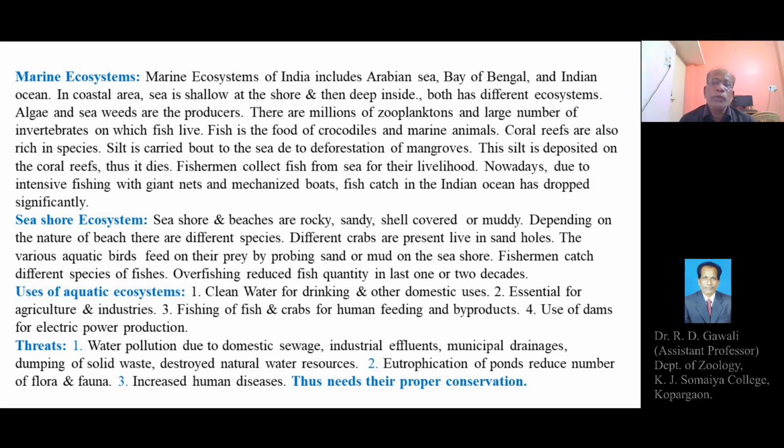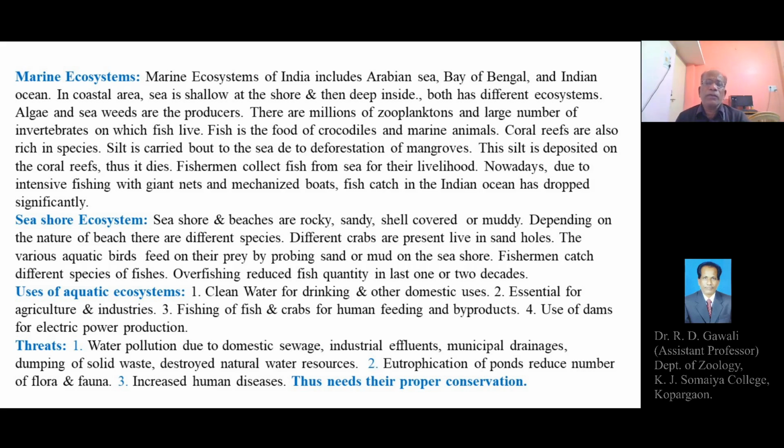So water pollution is due to domestic sewage, then industrial effluents or the drainages from the MIDCs, then municipal drainage, that is, the large cities from where the drainages are released into the nearby river, sea water or estuary.